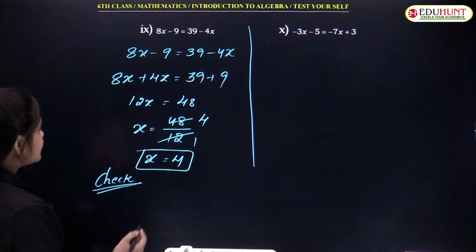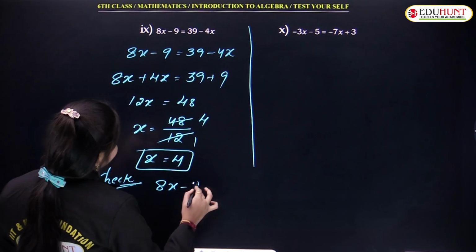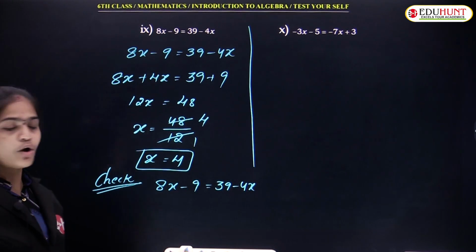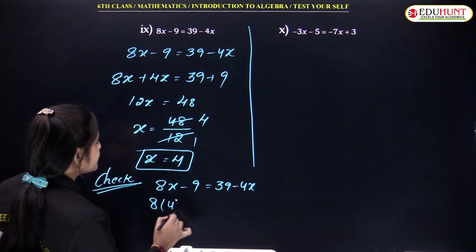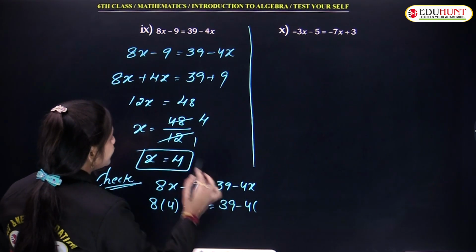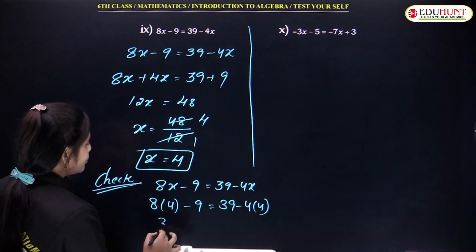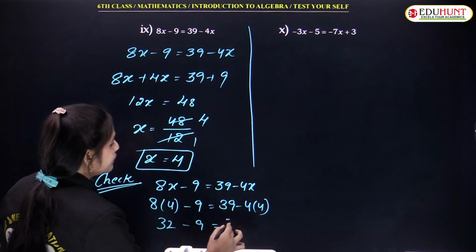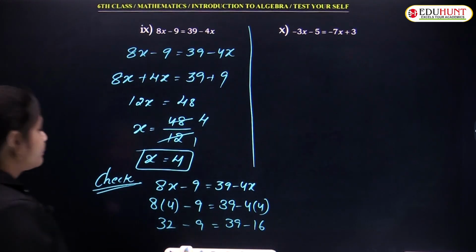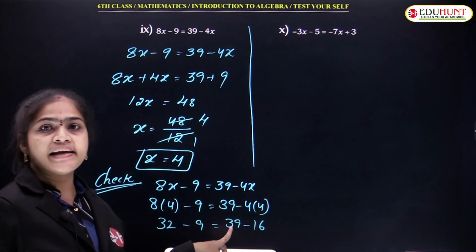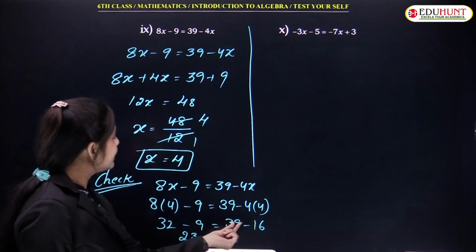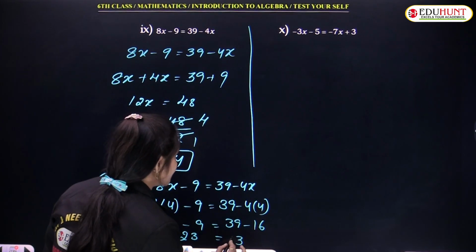In the checking process, write the question as it is: 8x minus 9 is equal to 39 minus 4x. Now at the place of x, substitute 4: 8 into 4 minus 9 is equal to 39 minus 4 into 4. 8 fours are 32 minus 9, which is equal to 39 minus 4 fours 16. 32 minus 9 is 23, and 39 minus 16 is 23.